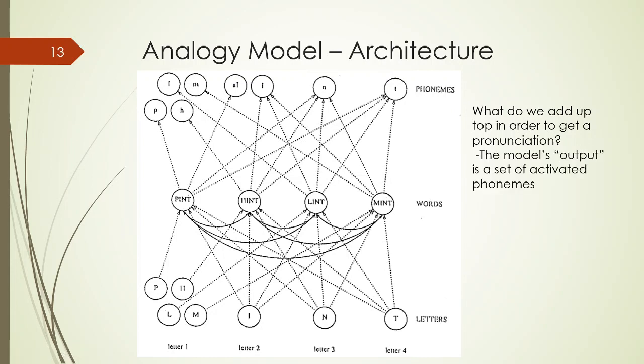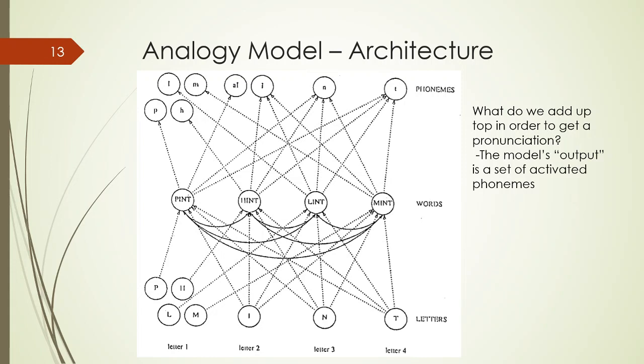So in this case, we have a clear output, okay? For the interactive activation model, you could sort of view the word level as the output, but really there wasn't an output in that, and the model wasn't simulating any sort of behavior. This model, what we've talked about so far, isn't quite simulating a behavior yet. Really, we're simulating the assembly of a pronunciation.